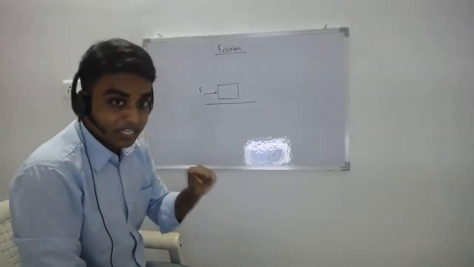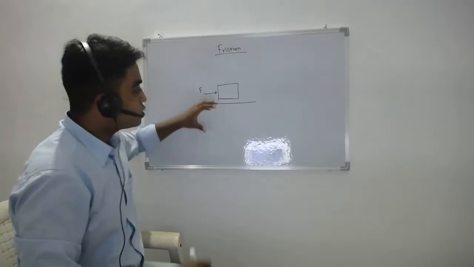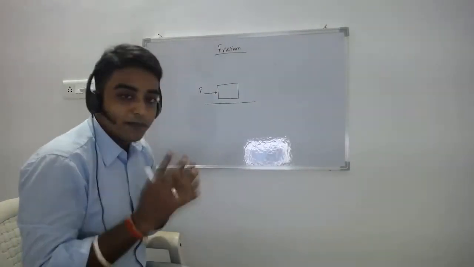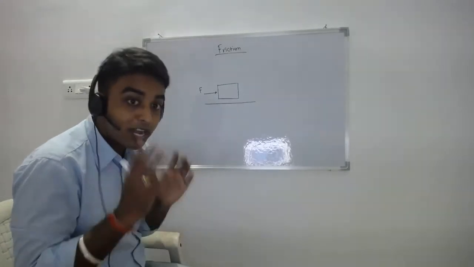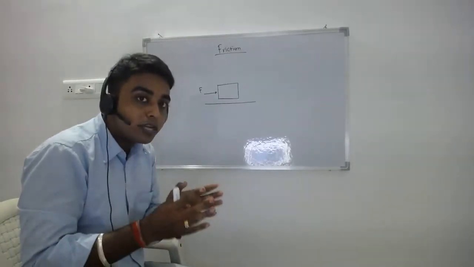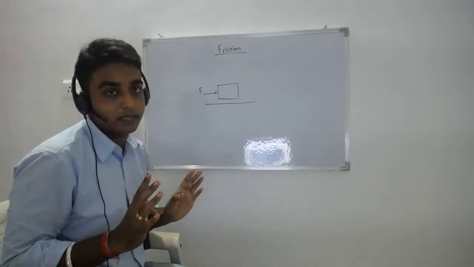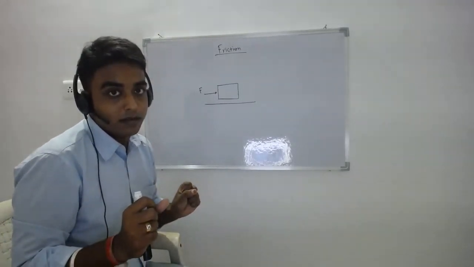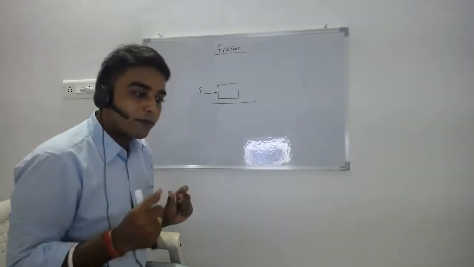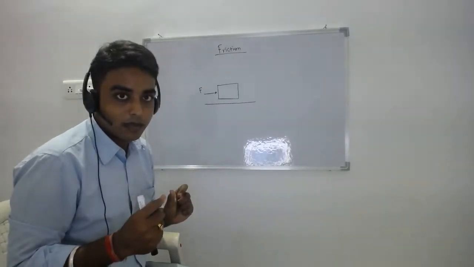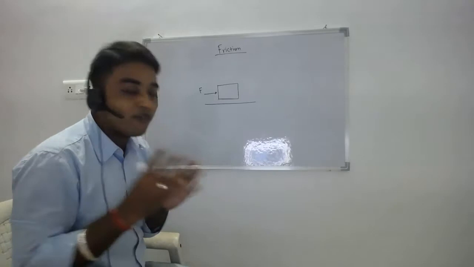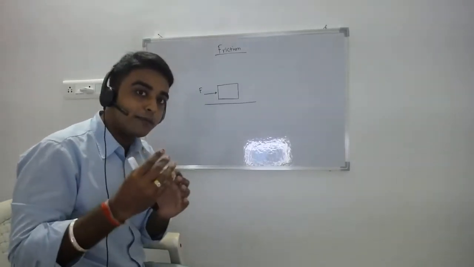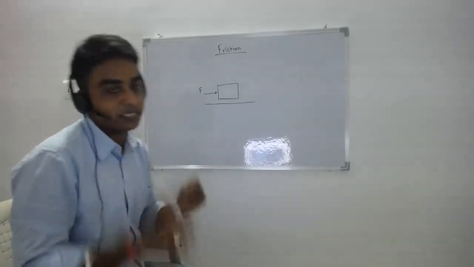Now, in which direction will friction act? First of all, the main purpose of friction is to stop the relative motion between the contact surfaces. That is the tagline of friction. So one thing we have to remember is that the job of friction is to stop the relative motion between the contact surfaces.